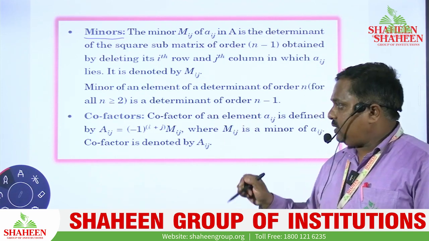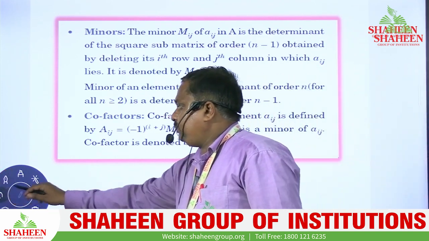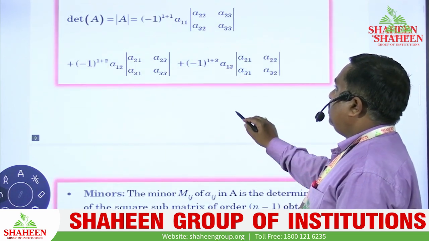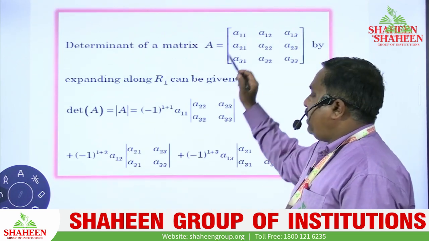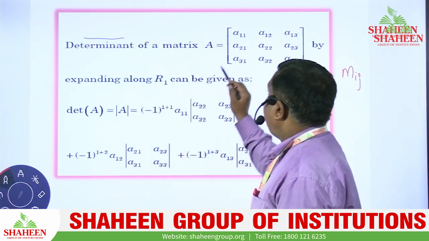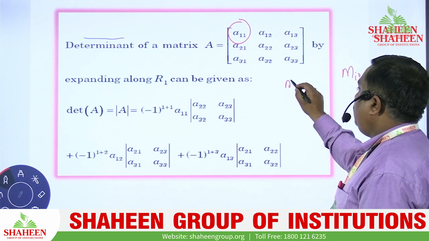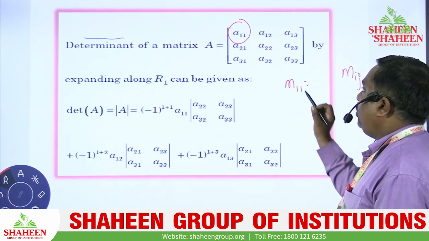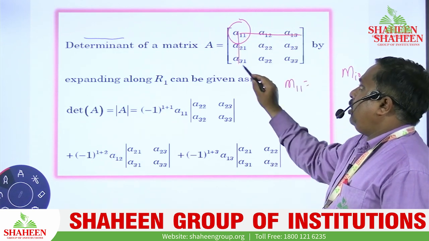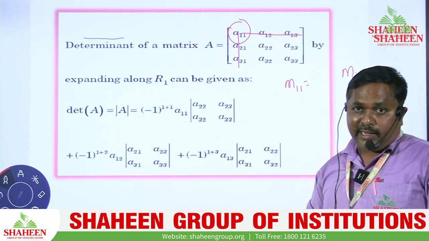Okay, for example, we are finding the minor of A11. Then it becomes M11. M11 is equal to, you leave that row and column in which A11 is lying.